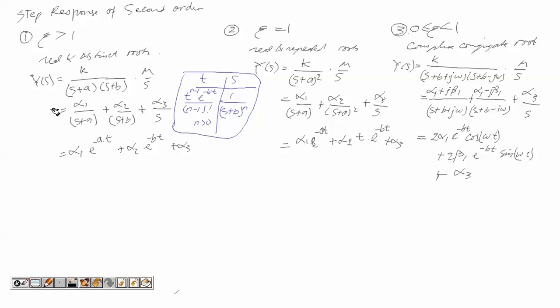So this is the response of the second order. If you have all the values of a, b, alpha 1, alpha 2, alpha 3, you will get the graph. What is the response in time domain? So this is y(t), this one y(t) for the third class.